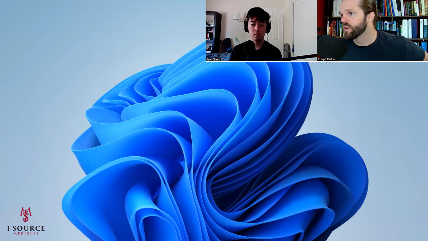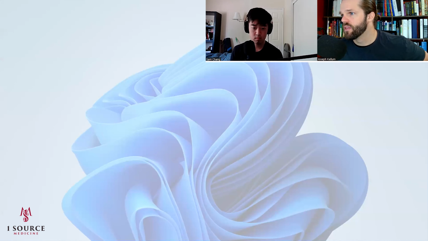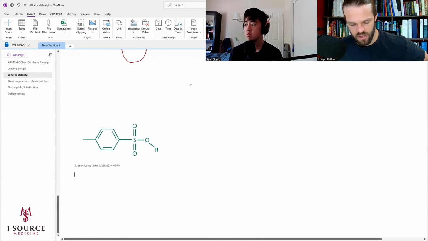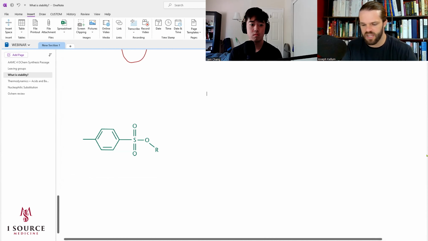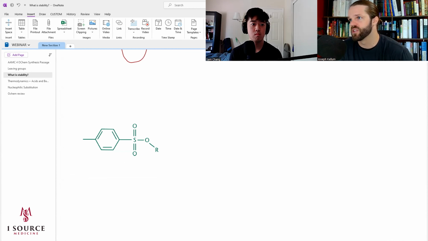So let's see here. The idea is that aldehydes and ketones are not going to withstand being hit with a strong reducing agent like lithium aluminum hydride. And so you want to be able to protect these groups before you do something like that.